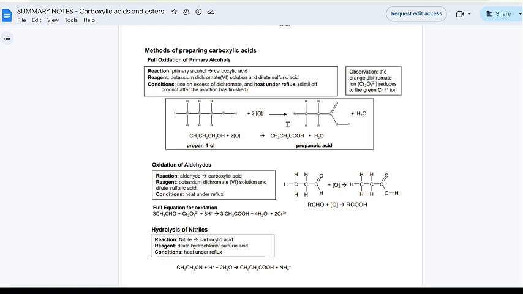Wait, it is reflux, because you reflux an aldehyde to a carboxylic acid. That's right, not a carboxylic acid to an aldehyde. Almost made that one up. You obviously wouldn't be oxidizing a carboxylic acid to an aldehyde because that would be the opposite. That'd be reduction. You're losing an oxygen, gaining electrons.